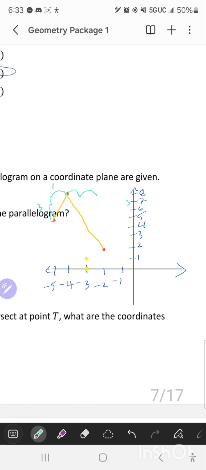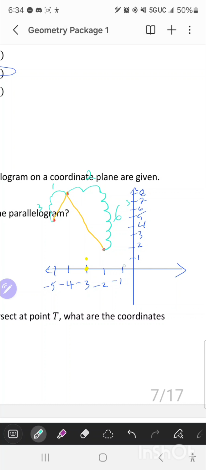Then 7, 6, 5, 4, 3, 2. Oh, 3, 2. Wait. 3 and 2. And then 7, 6, 5, 4, 3, and 2, which is 2 here. And 1, 2, 3, 4, 5, 6. 6 here. Now, I want the same as I said before.